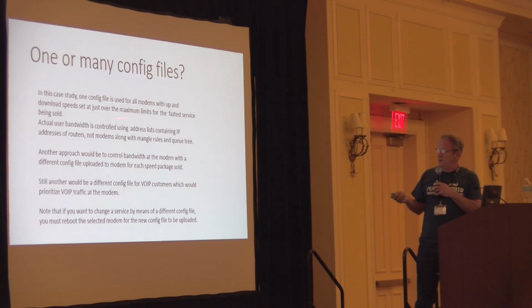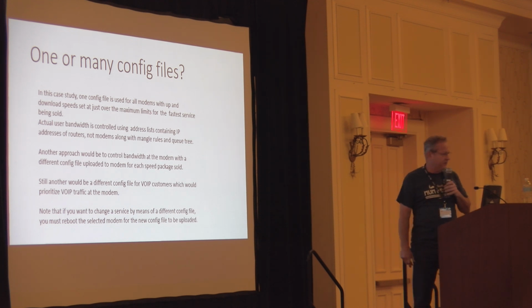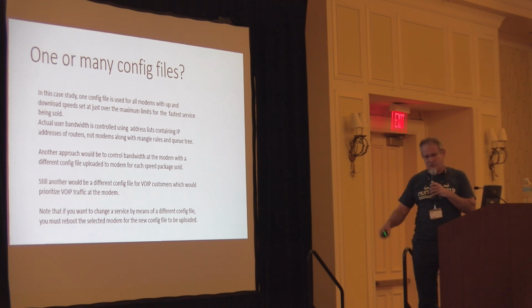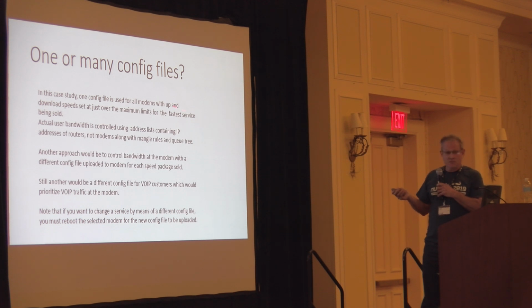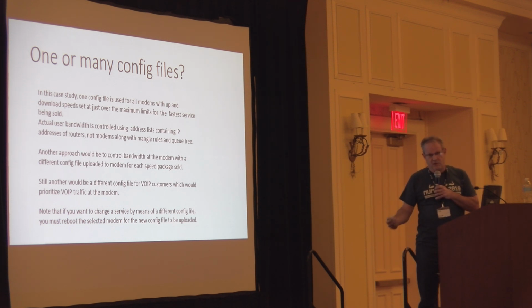I struggled with this a lot, and I kind of want to dwell on it. What and how many different config files you need for a particular setup. And there's different ways to do this in the way I found. I just use one config file for this. I set all my upload and download limits to be a little bit above the maximum service level that we're selling.